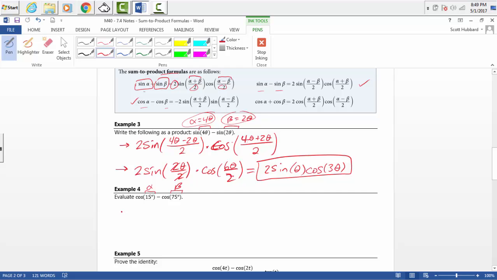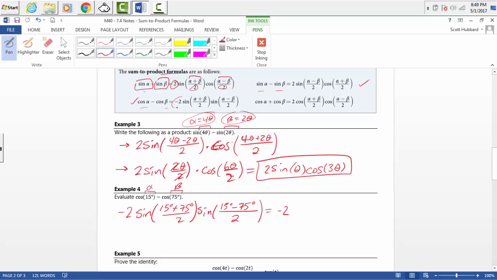And so that says it's going to be equal to -2 sine of alpha plus beta, so 15 degrees plus 75 degrees, all over 2, times sine of alpha minus beta, so 15 degrees minus 75 degrees, all over 2. Okay, 15 minus, yep, that's right.